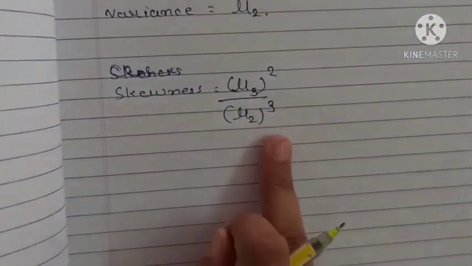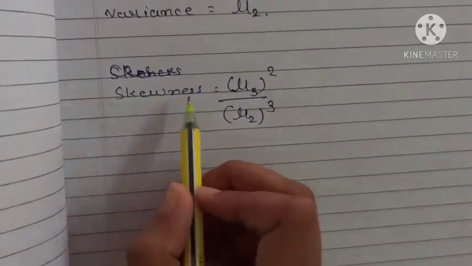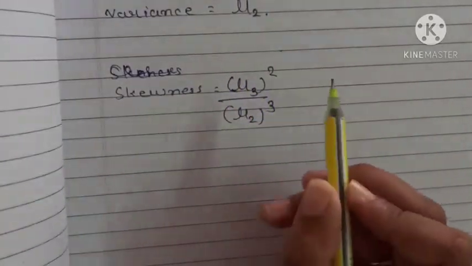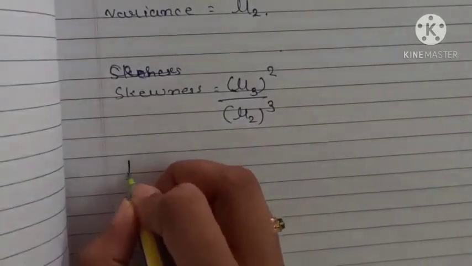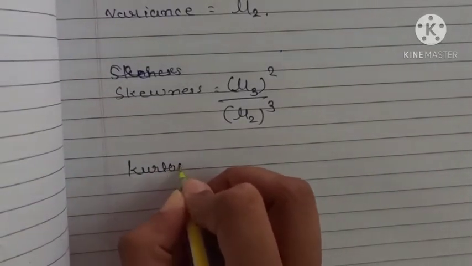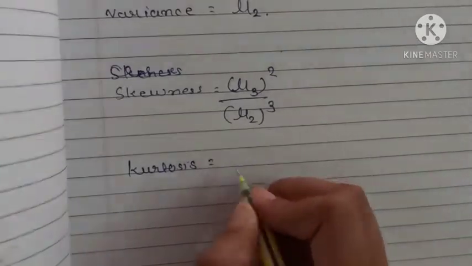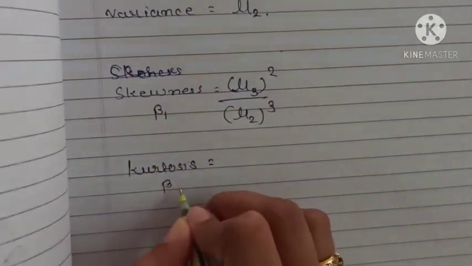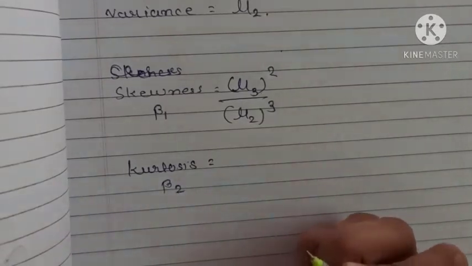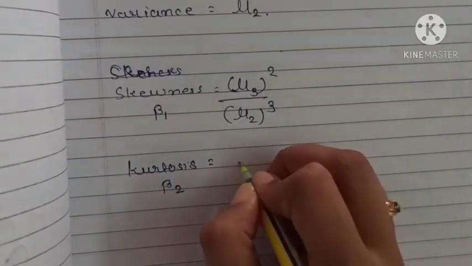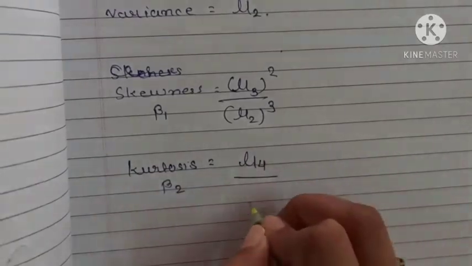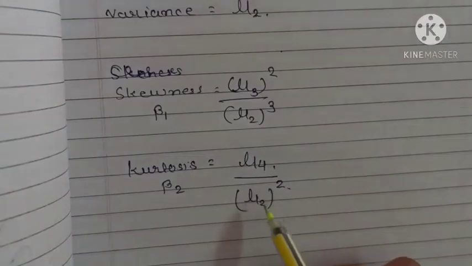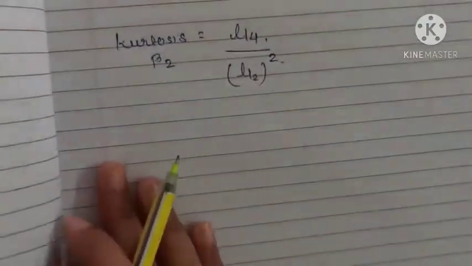Skewness is known as beta 1, and kurtosis symbolically stands for beta 2. That is mu 4 upon mu 2 square.